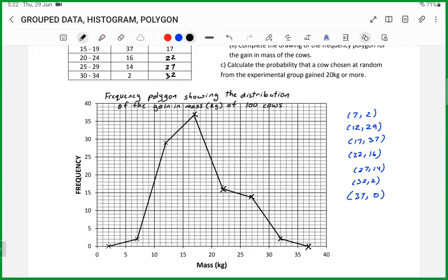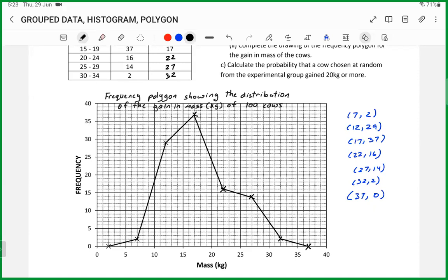Remember to put in your labels as well. Whenever you finish with your polygon, you could send me a picture via WhatsApp, so I'll just be able to check your work.